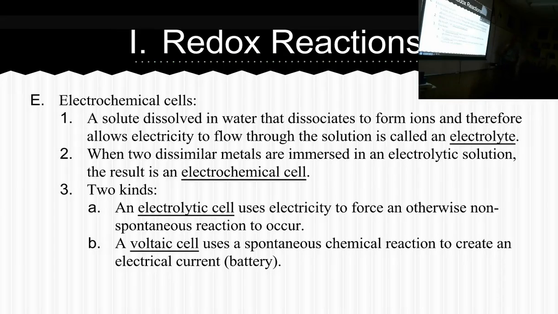Anytime you have something, a solute, dissolved in water that dissociates, and so it turns into ions, those ions allow electricity to flow through the solution, and we call the thing that was dissolved an electrolyte. Okay, so we use electrolytes in biology as well.